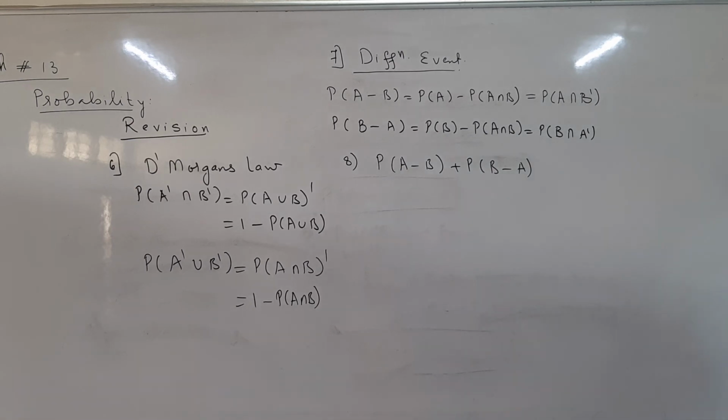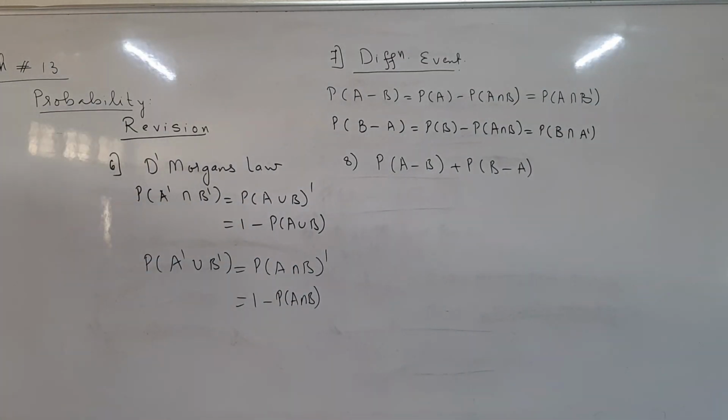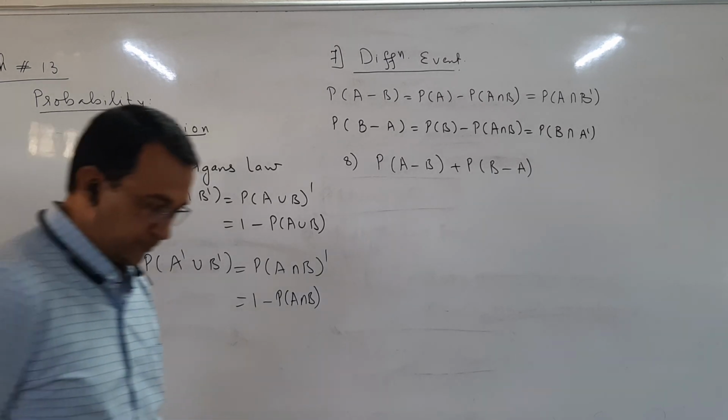The probability that one of the two events A and B occurs is P of A minus B plus P of B minus A. This is what, students, we have to remember and revise of standard 11.